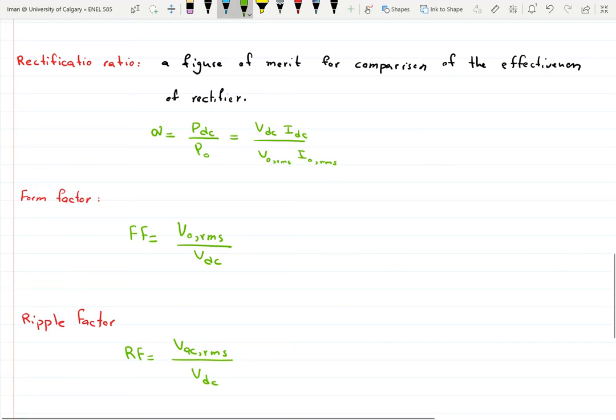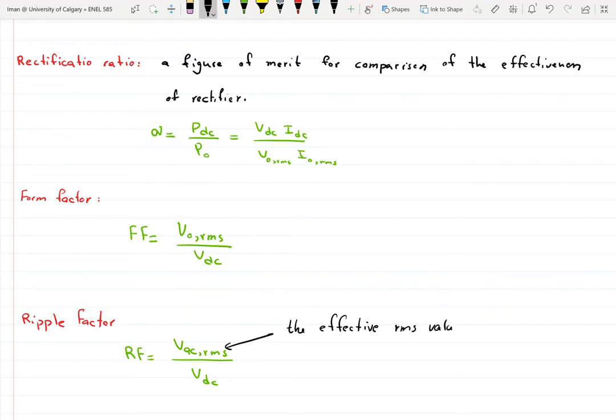So this is the effective AC, basically RMS value of load voltage.